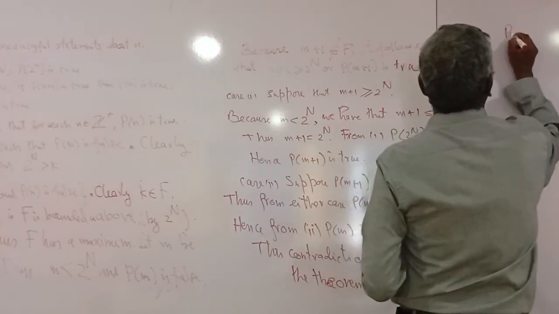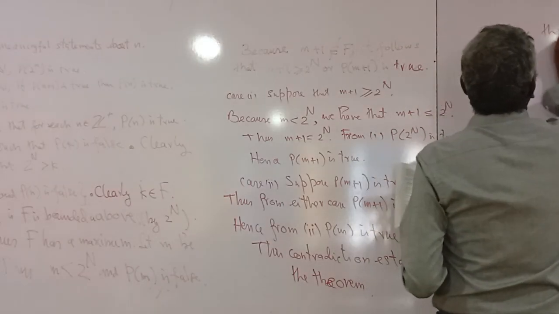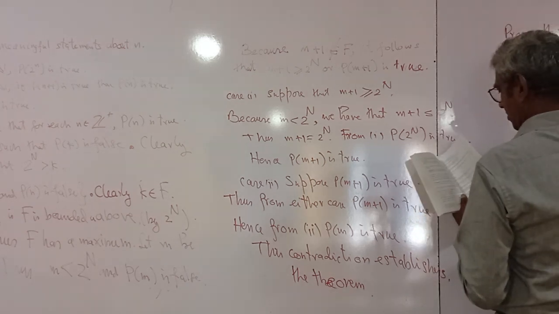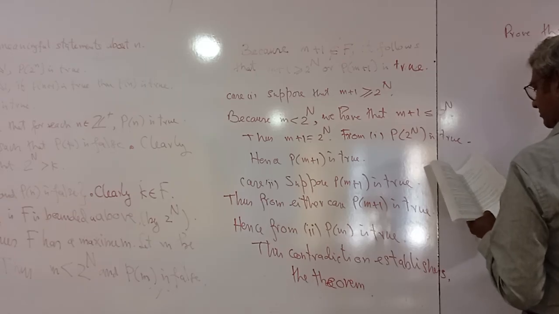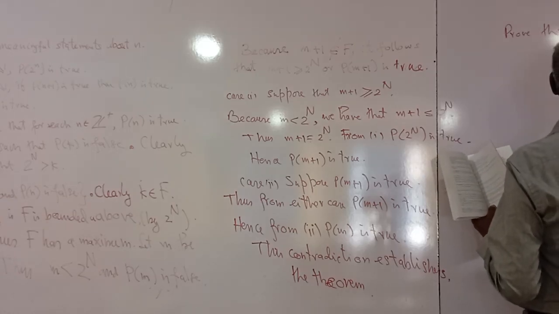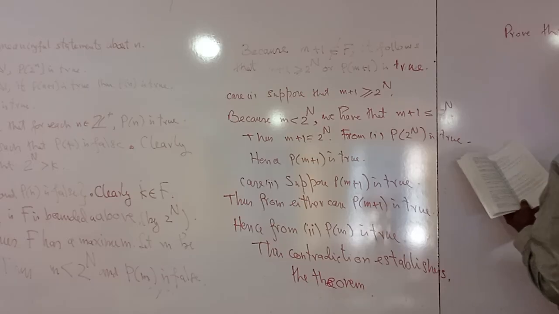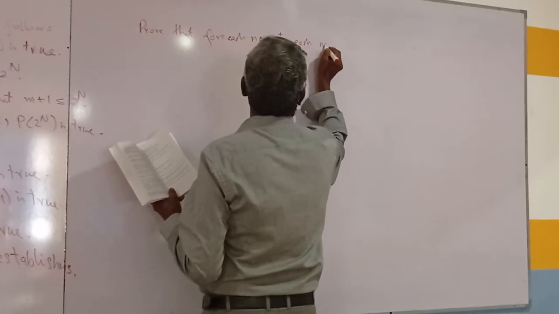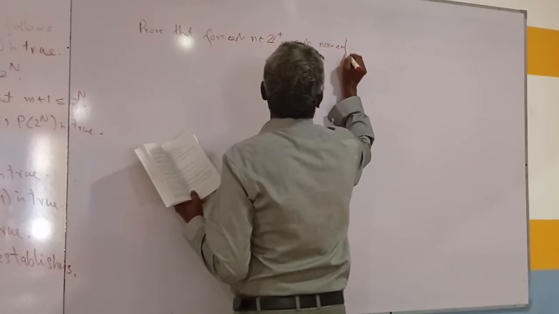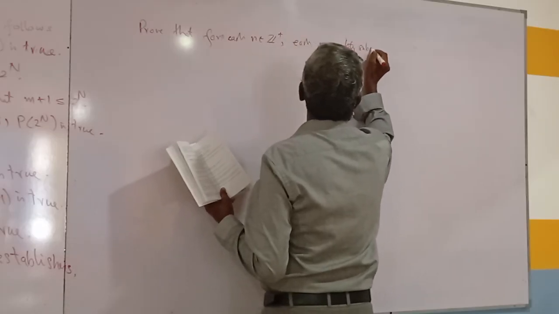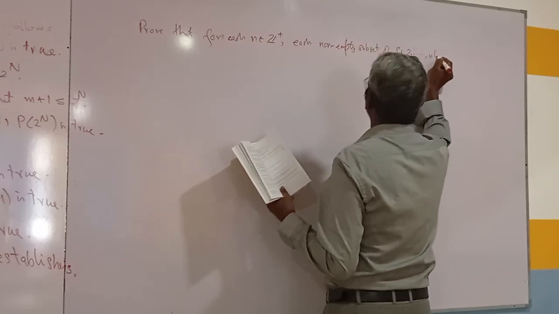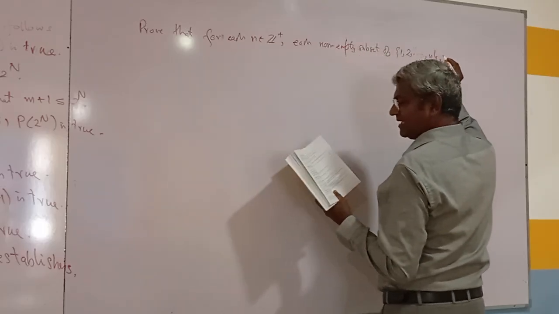Prove that for each n belonging to Z plus, each non-empty subset of 1, 2, up to n has a maximum.